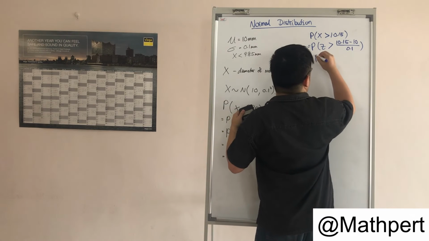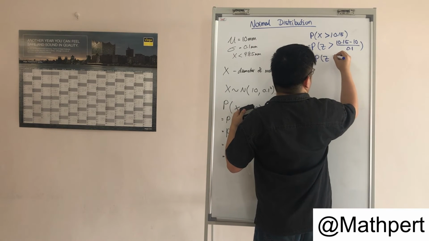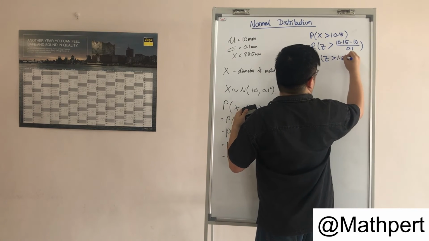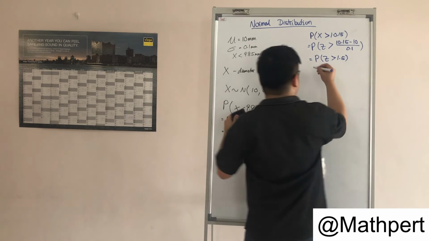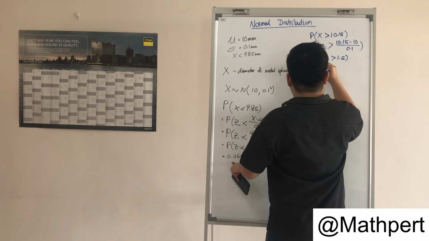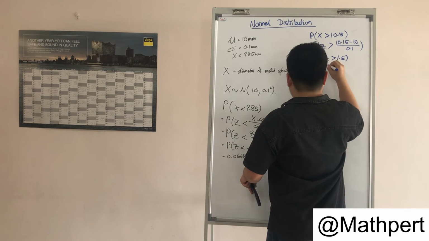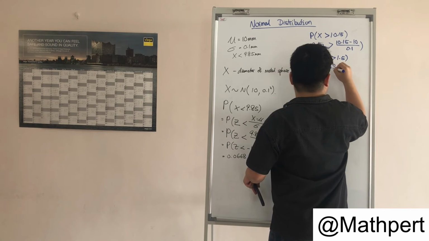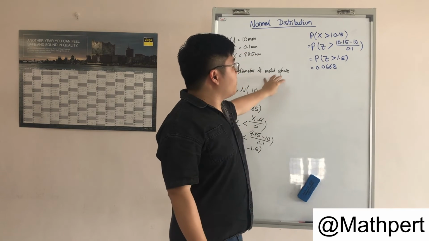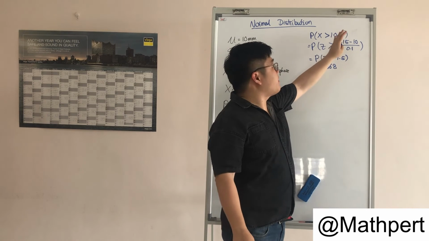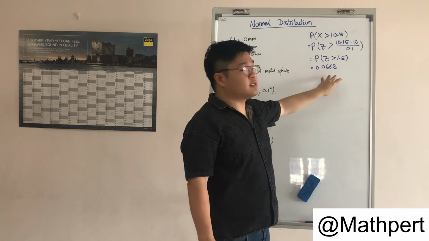This is P(Z more than 1.5), and according to the standard normal distribution table, we get 0.0668. The probability of getting a metal sphere diameter more than 10.15 is 0.0668.